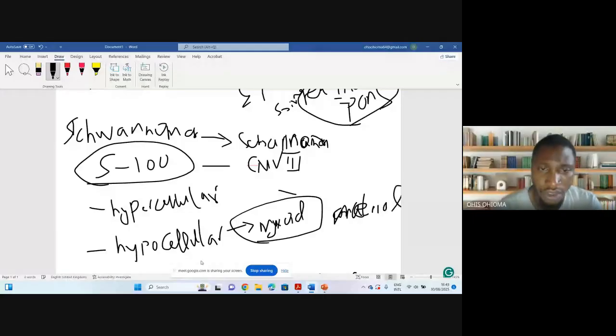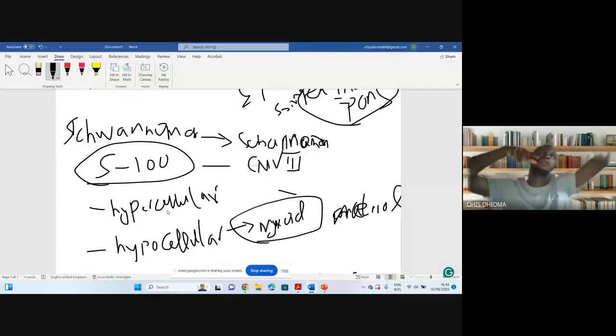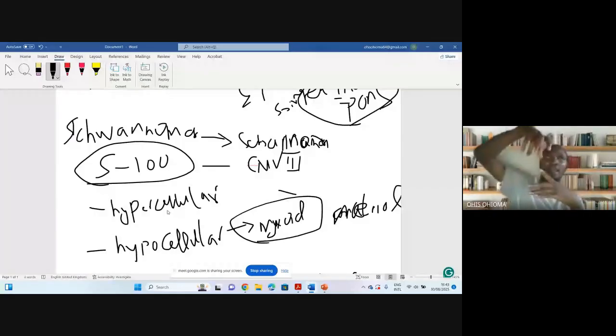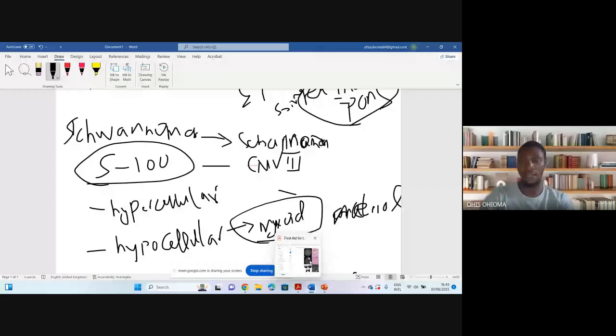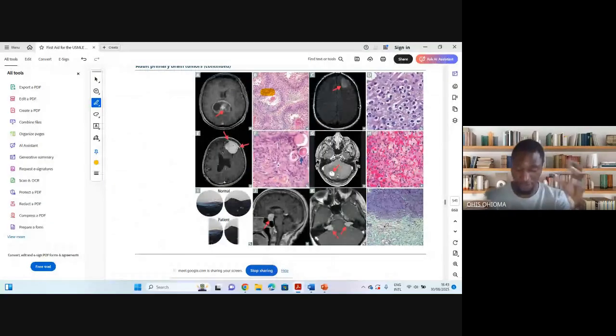When you see it on histology, it's a biphasic area. It's like a sandwich: the bread is the hypercellular area, and the beef and the cheese and the other things are the hypocellular area. So let me show you how it looks. That's how I remember it. I just think of the sandwich or a burger, and then I'm able to recognize it.